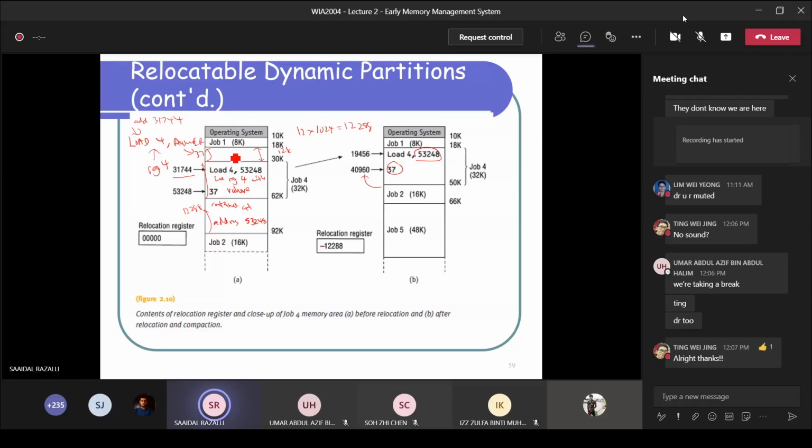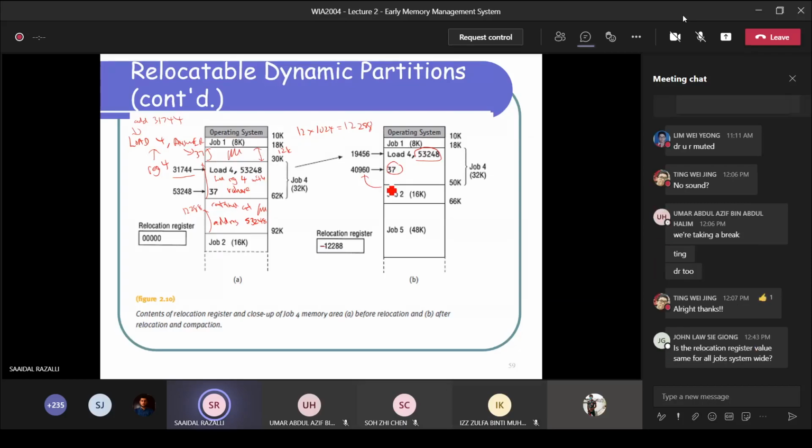All this external fragmentation is combined so that you move up by 12,288 bytes, or 12 kilobytes. You move from here to here, starting at 18K times 1024.